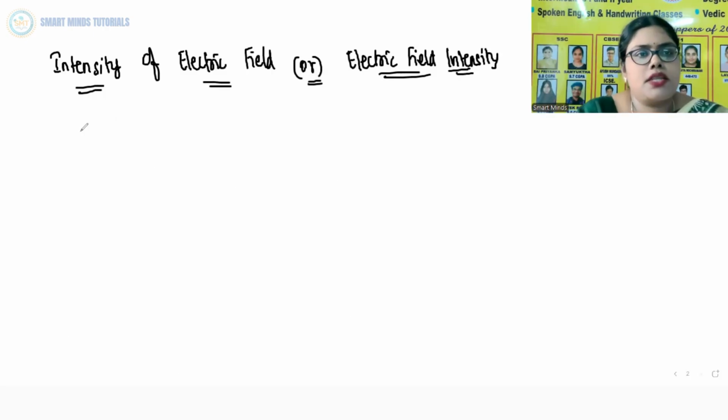Now let us understand what is intensity of electric field. It is the force which is experienced by a unit positive charge which is placed at that point. So let's see how to define it.